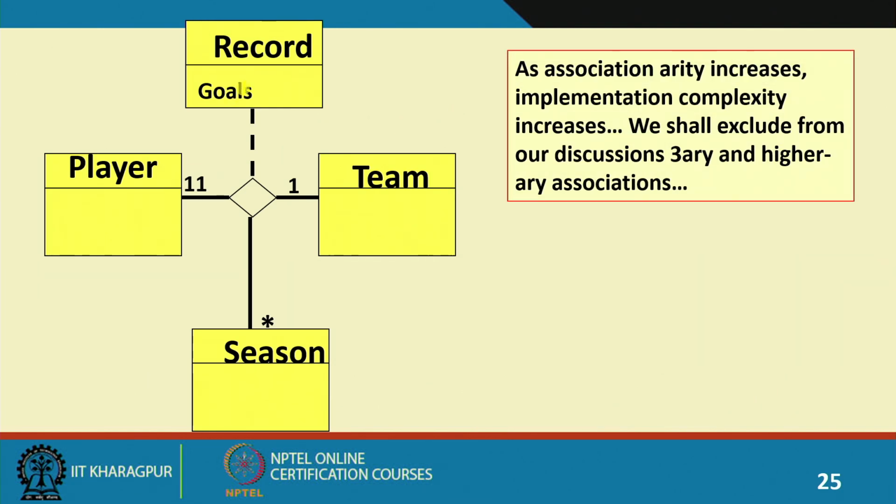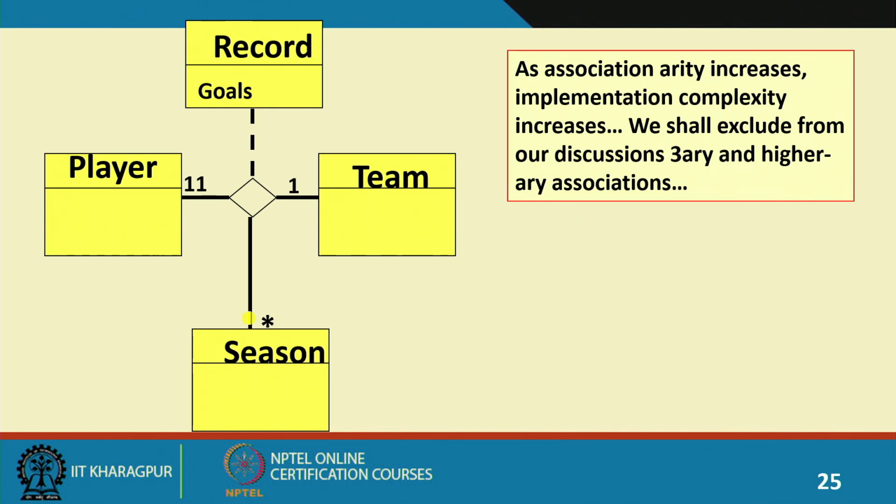Here is a quaternary association. A football team has 11 players, and this is the team and player association, one team and 11 players of that team. They play in many seasons.